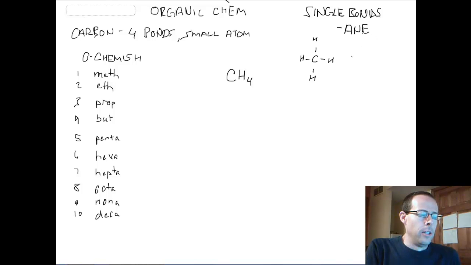Hydrocarbons are things that have carbons and hydrogens, which CH4 is. So this molecule is called methane, because it's one carbon long and it's all made of single bonds.